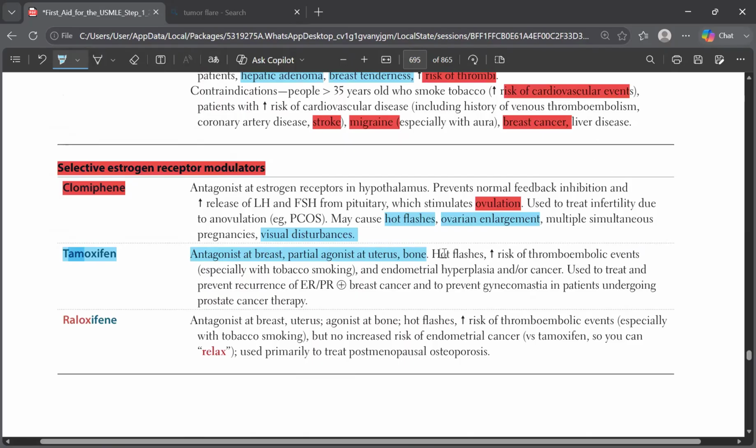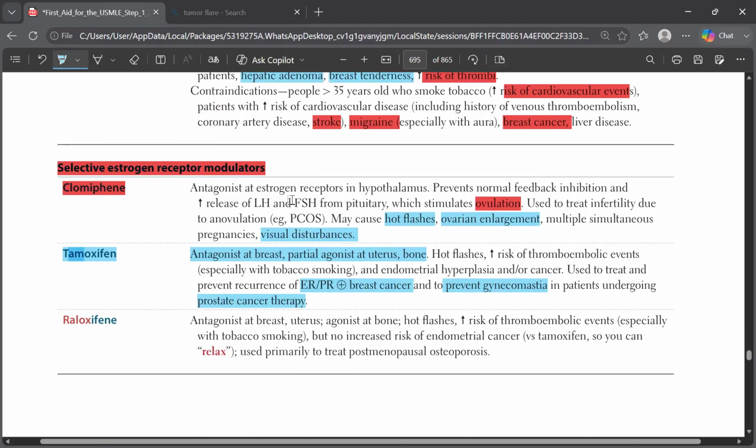So it causes hot flashes again and increased risk of thromboembolic events, especially with tobacco smoking, and endometrial hyperplasia or cancer. It is used to treat and prevent the recurrence of estrogen and progesterone positive breast cancer, and to prevent gynecomastia in patients undergoing prostate cancer therapy.